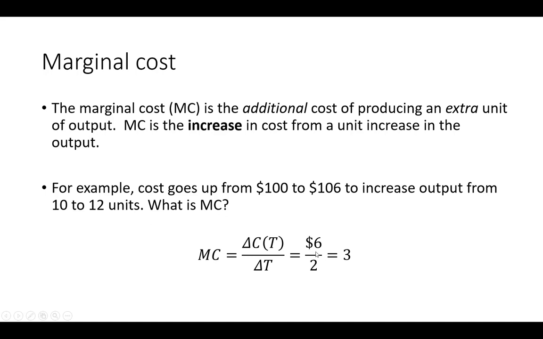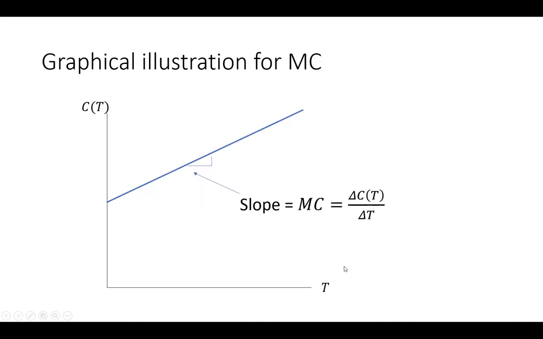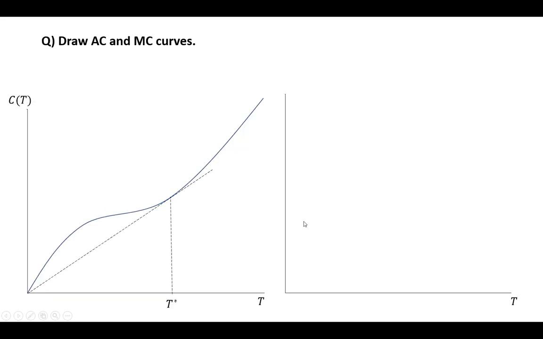The marginal cost is the increase in the cost divided by the increase in the output, so the marginal cost is $3. That is the slope of this total cost curve, the increase in the cost with respect to the increase in the output. So that's the marginal cost.